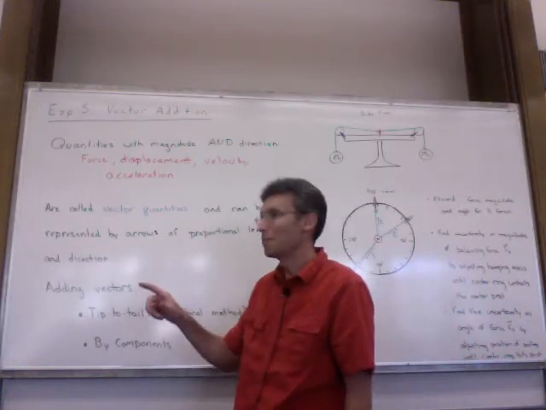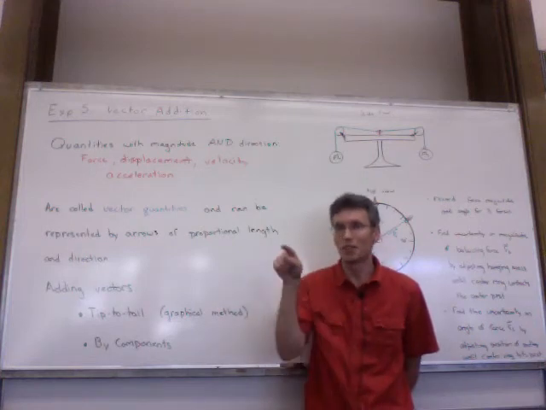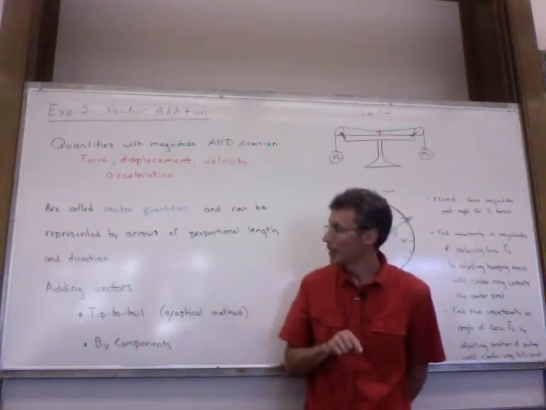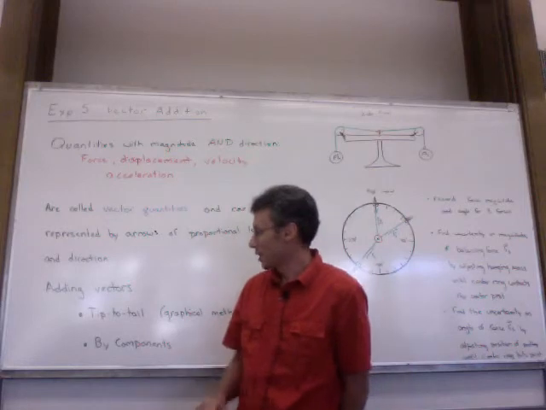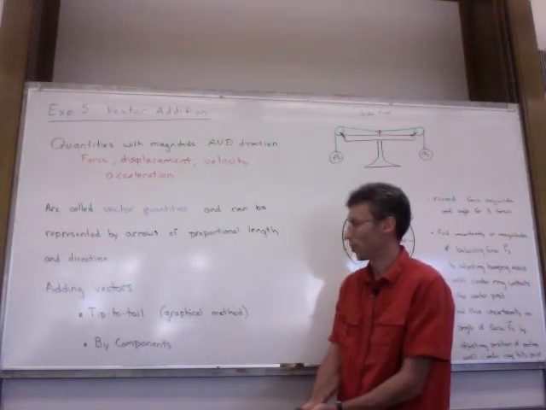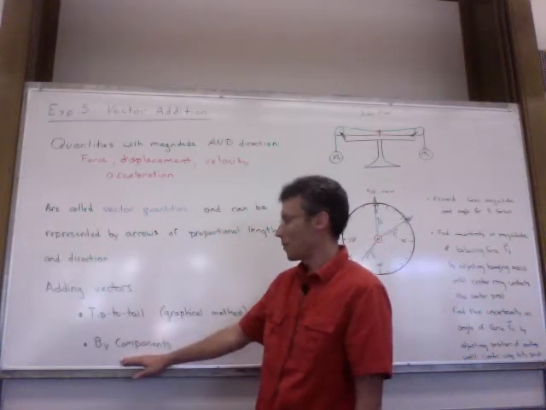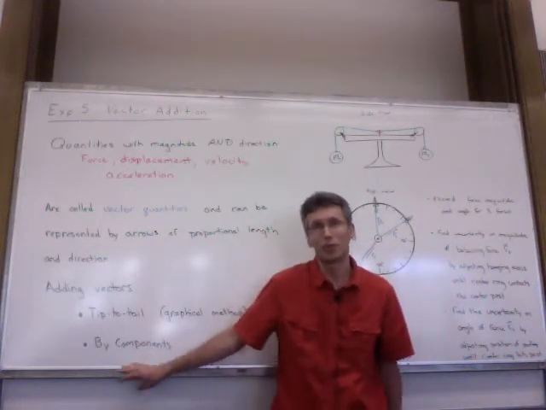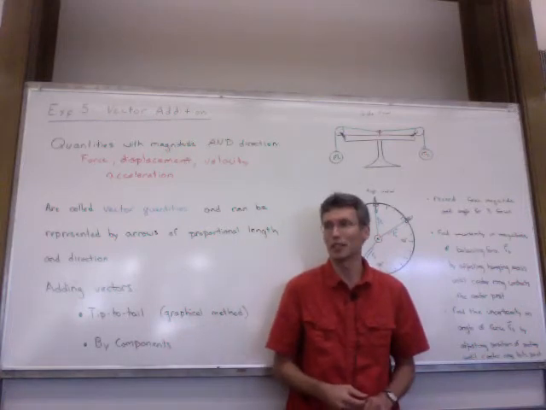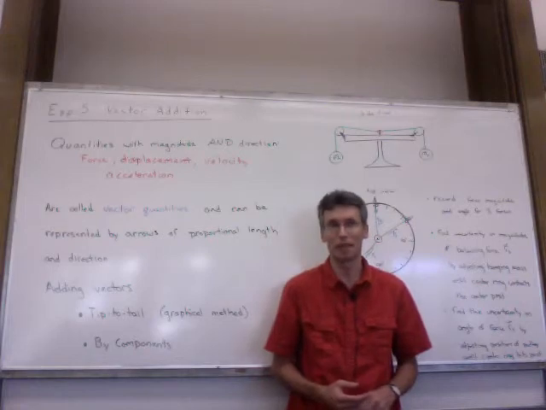That's where you line up all the arrows, so the tip of one lines up with the tail of the next, and you follow around the path that they take. And from the base of the first to the tip of the last, you get the net force, or the sum of the forces. Or we can add them up by using components. That's where we take the x and y components of the vectors and then add those up mathematically. And we're going to do both of those things today.